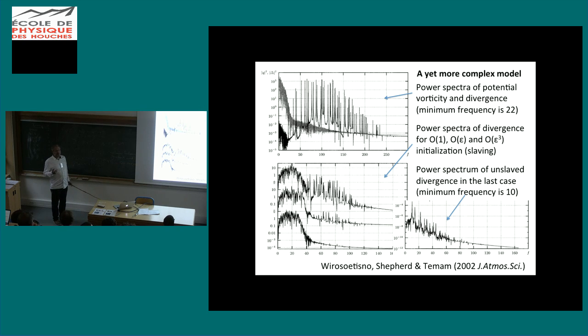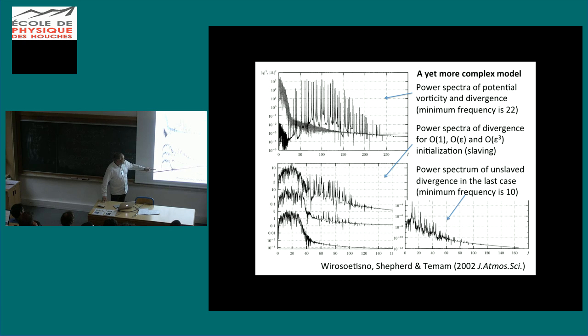That's because the divergence is slaved to the potential vorticity. So these are not gravity waves. This is just the slave part of the motion. But if you actually use the theory to compute what the slave part of the motion is, and you subtract that from this, you get this.